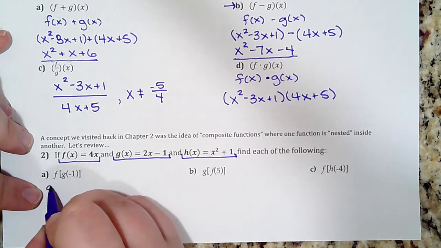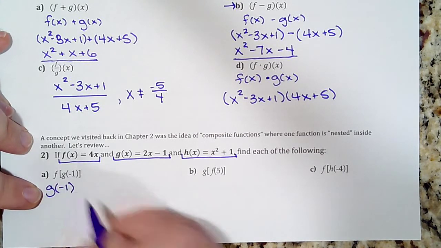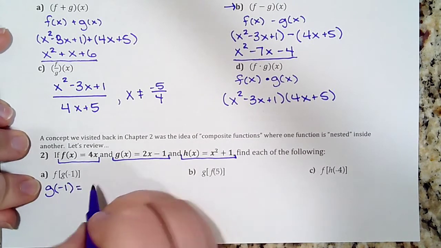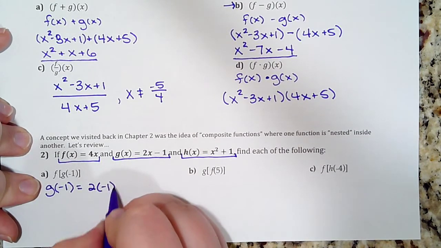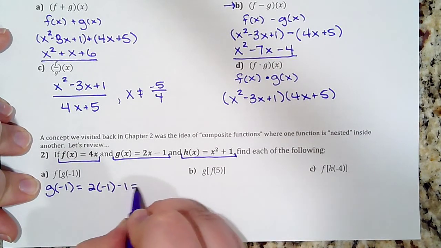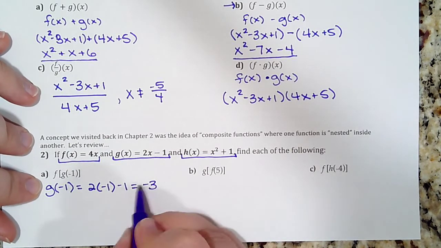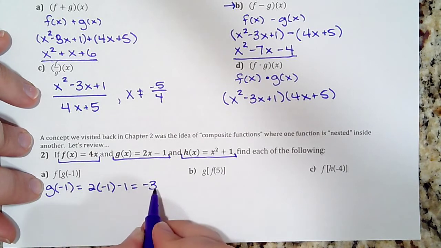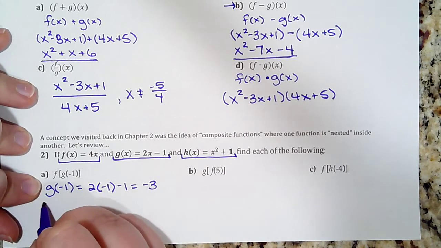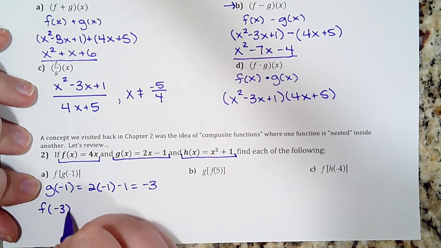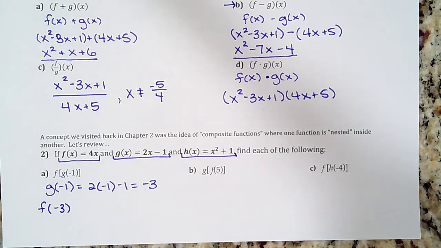So we start this one by finding g of negative 1. 2 times negative 1 minus 1 is equal to negative 3. Now that we have g of negative 1, we know it's negative 3, we're going to plug that in where g of negative 1 used to be.